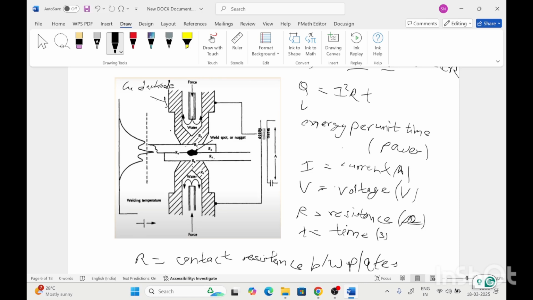R6 is the contact resistance between the second electrode and plate, and R7 is the bulk resistance of the electrode. So all resistances should be less than the contact resistance between these two plates. Only then the heat generated will be maximum at the contact of the plates.